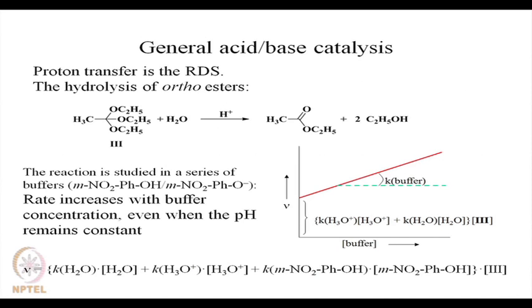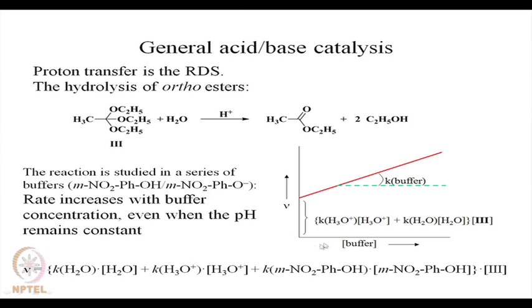Next, in general acid base catalysis, proton transfer is the rate determining step. As for example, hydrolysis of ortho esters. In presence of H plus, it gives rise to this. And this type of reaction has been studied in a series of buffers, that is phenol phenoxide buffer, and it has been found that rate increases with buffer concentration even when the pH remains constant.